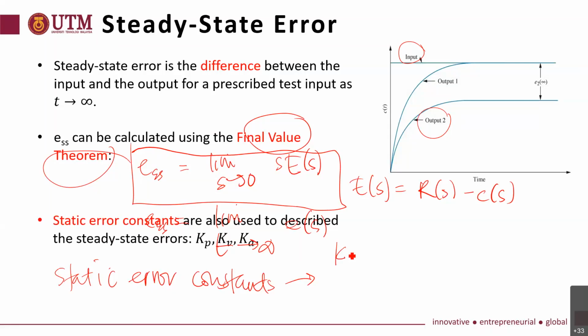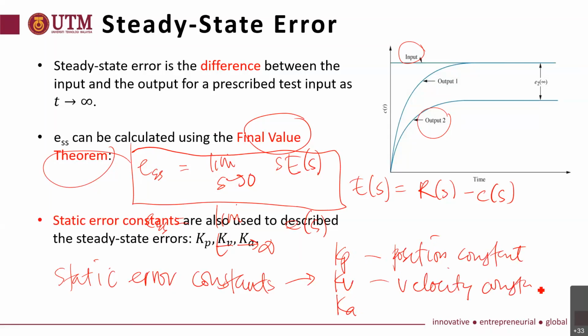We have Kp, Kv, and Ka. Kp is known as the position constant. Kv is the velocity constant. And Ka is the acceleration constant. They are used to describe steady state error.